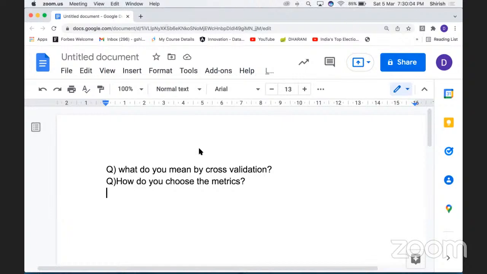False positive and false negative. How can we explain that? When you're talking about the contingency table, what are false positives and what are false negatives?